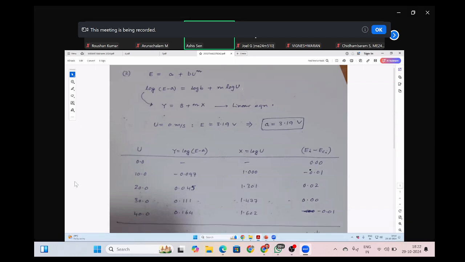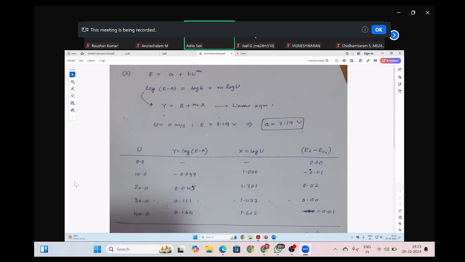You all know that log x to the power n is n log x. So now this equation that you see here is basically a linear equation, in the form of y equal to mx plus c, where this is the intercept log B, this is the slope m, and this is x.